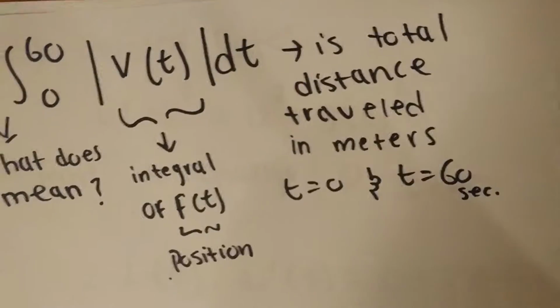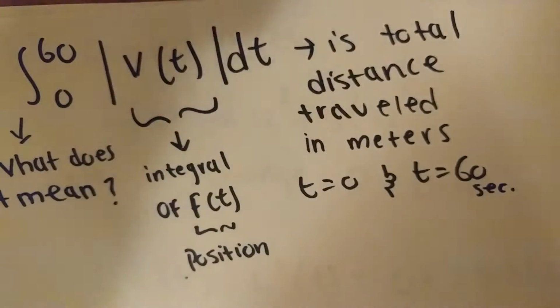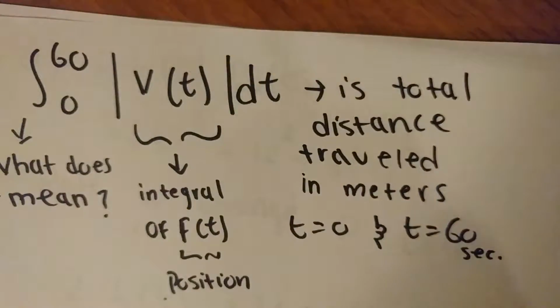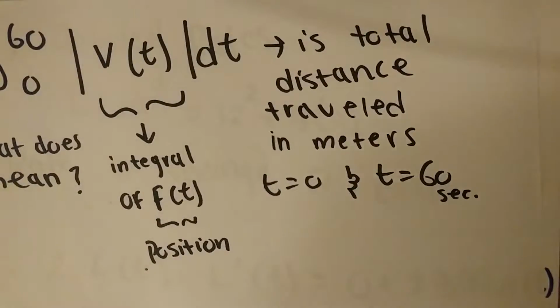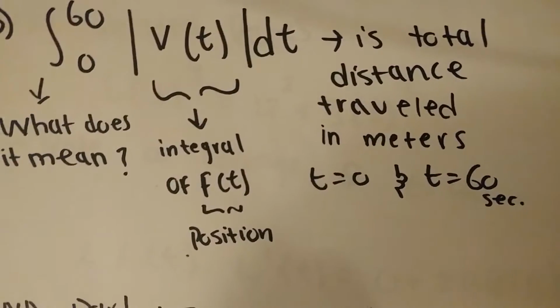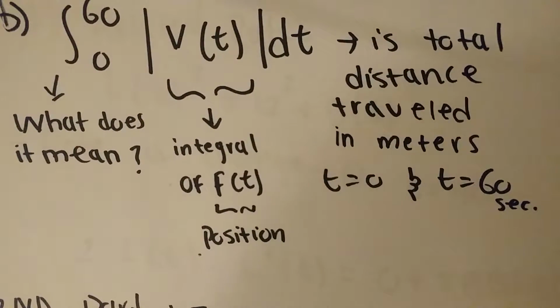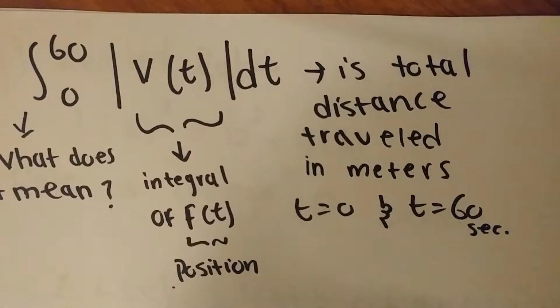Now for part B, it says use the correct units and interpret the meaning of the definite integral from 0 to 60 of the absolute value of v of t dt.